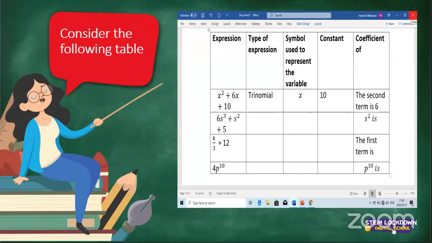That entire 1 over 3 will be your coefficient, because if you multiply that by K, you get K over 3. Does it make sense?